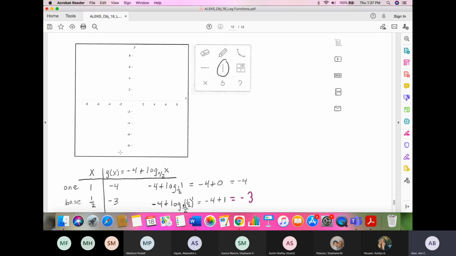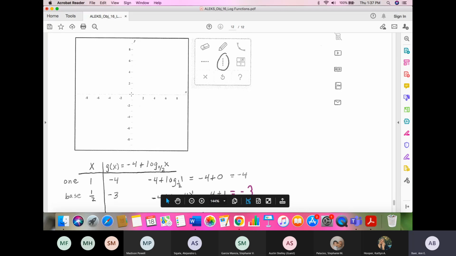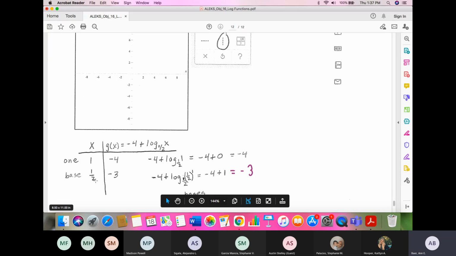So I didn't get the graph of this one, but you want to plot those 2 points. You want to plot 1, -4. So that means we would go over here 1 and then down to -4 and plot a point there. And we want to plot this point, and you can do that with the plot a point anywhere tool in Alex.